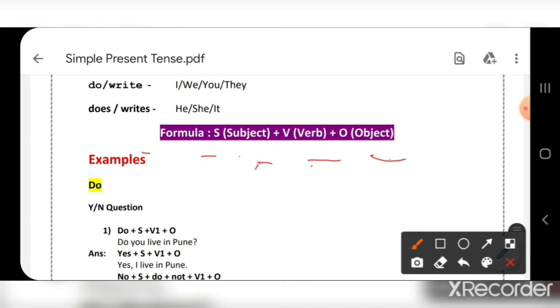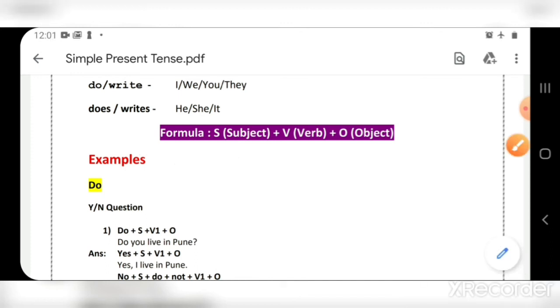Now here I have applied does, so it becomes a yes no type question. Does he watch movies? And if you want to ask a WH question, then it would be, when does he watch movies? That's it.